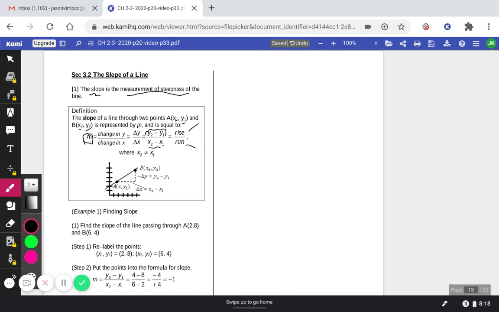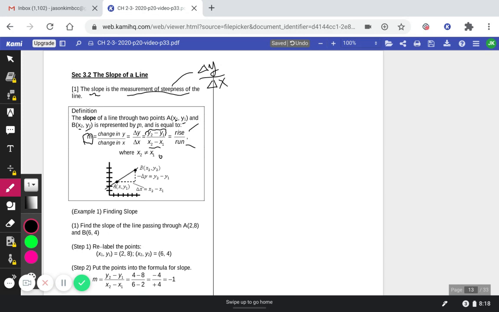If it is, the denominator turns into 0, then it's a problem. So slope is how much it rises over how much it runs, which ends up as the steepness. Okay, change in y over change in x.